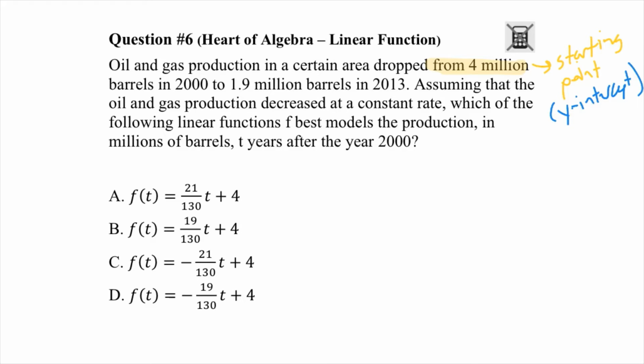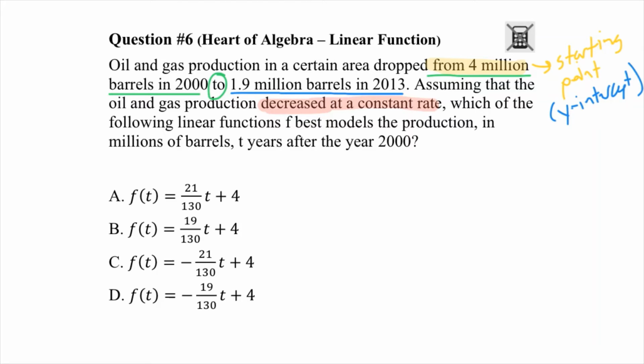Okay, so this too is also important. There are two parts of this sentence. 4 million barrels in 2000. Second part is 1.9 million barrels in 2013. Assuming that the oil and gas production decrease at a constant rate.